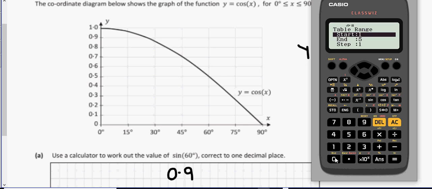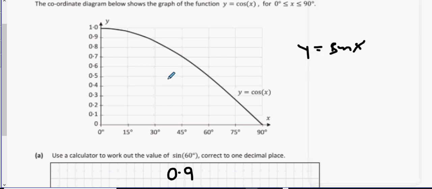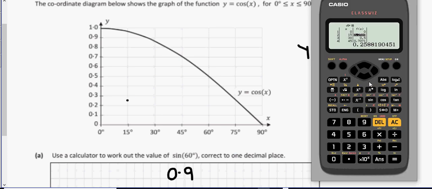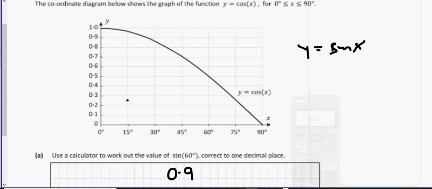Start at 0, end at 90, go up in 15s, and you have your points: 0, 0; 15, 0.26, which is about there. Then you have 30 and 0.5. Then you have 45 and 0.707.